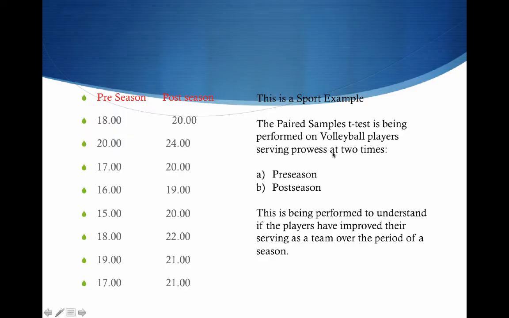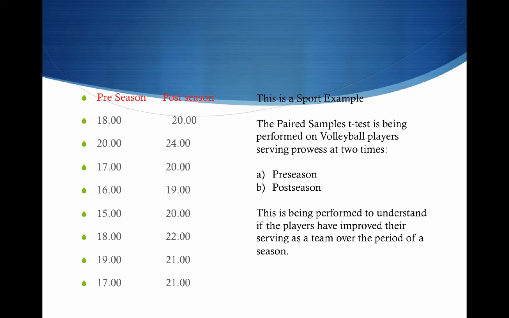Okay, now I may have said at the beginning that it's going to be oxygen, but the volleyball one is your homework. So, understanding this, you're looking at volleyball serving scores from preseason to postseason.